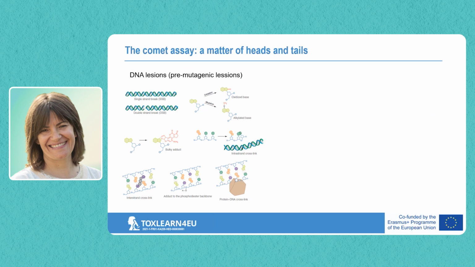Okay, a bit more before explaining how to perform the Comet Assay and the principle of the Comet Assay. I need you to know all of this about the DNA, but also something else. The DNA is in the nucleus and is very protected by two membranes, apart from other components.